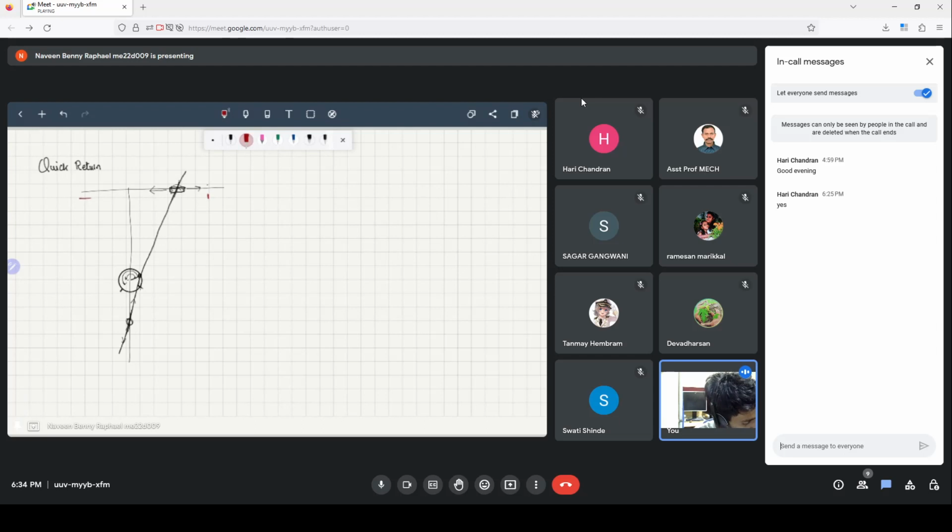Once the end effector has reached there, the crank goes to this part, and because of how close this is to this point, the end effector will very quickly move from this side to the other end.